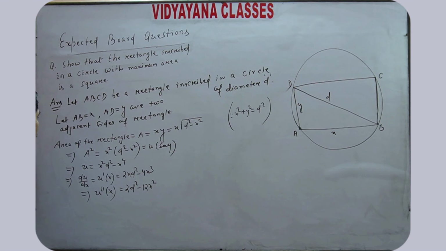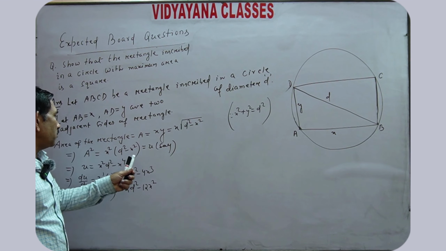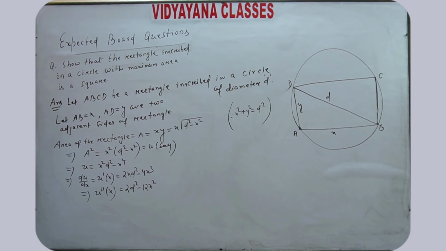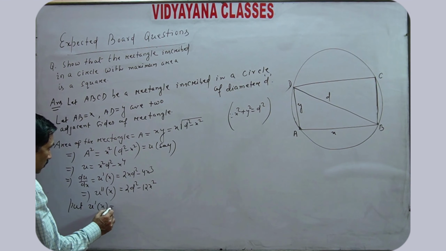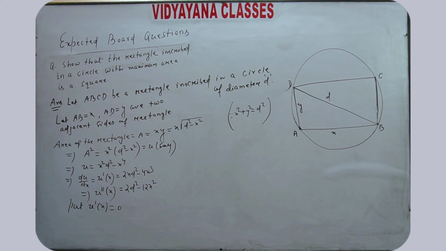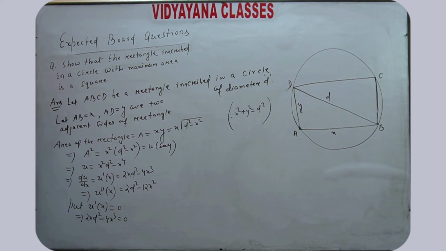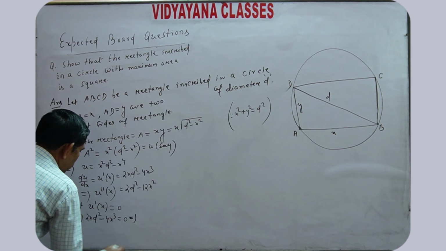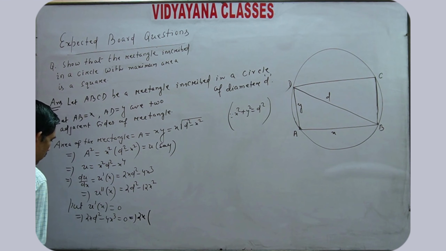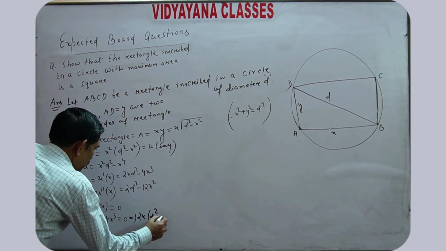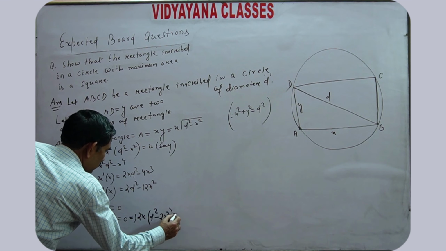Area is maximum. A is maximum means U is maximum. Put U dash x is equal to 0, which is 2x D square minus 4x cube is equal to 0, which implies 2x D square minus 4x cube is equal to 0.